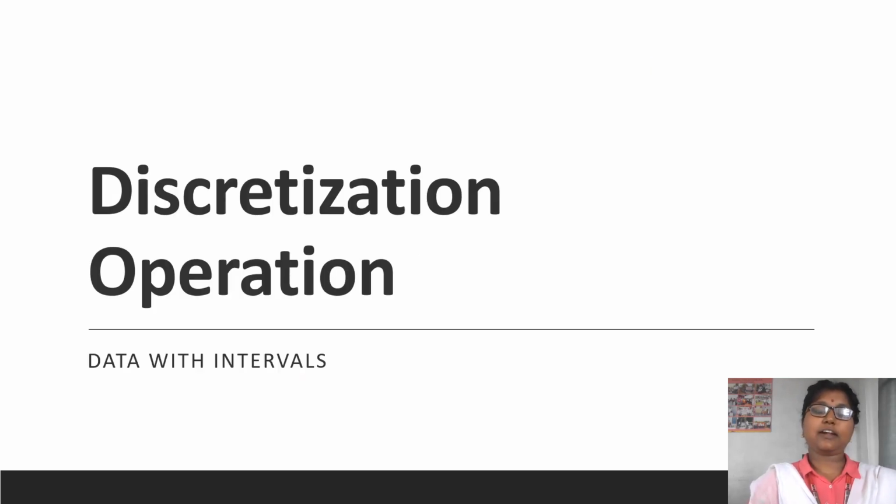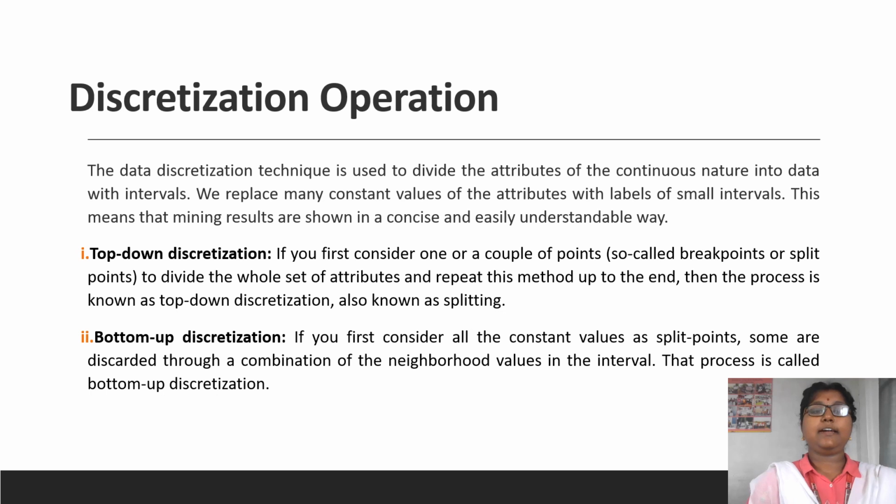Next one is discretization operation. Discretization operation technique is used to divide the attributes of continuous nature in data into intervals. We have two approaches: top-down discretization and bottom-up discretization. First one is top-down discretization.